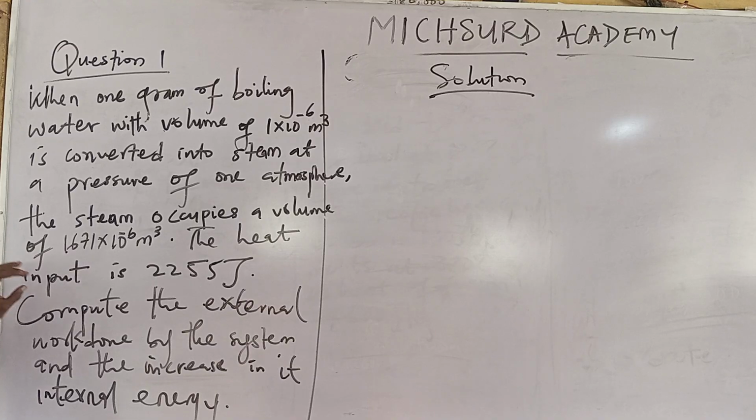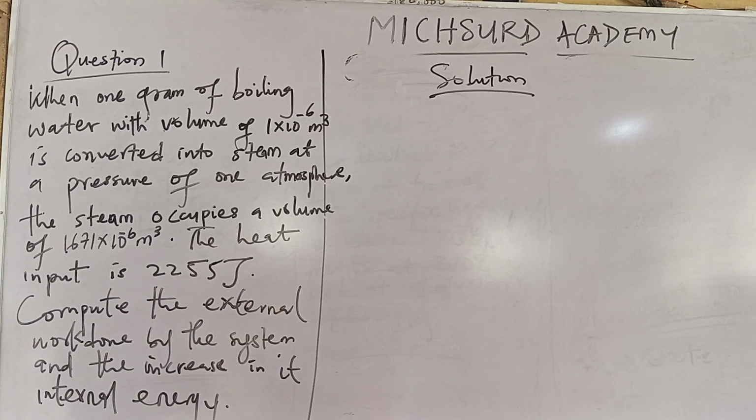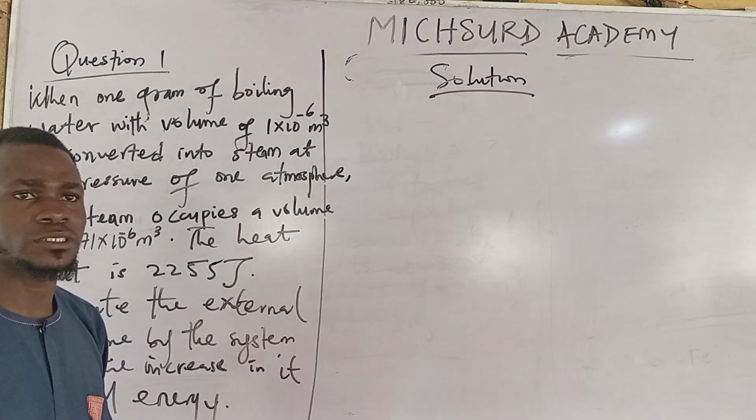The heat input is 2255 joules. Now we are asked to compute the external work done by the system and also the increase in the internal energy of the system.